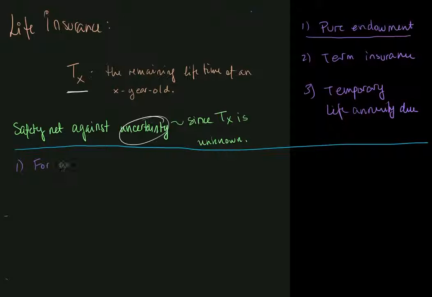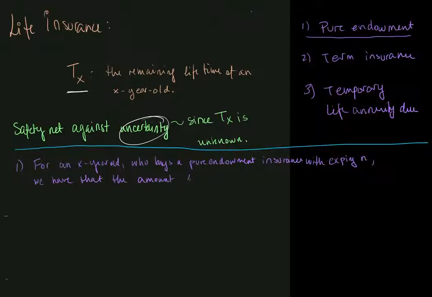For an X-year-old who buys a pure endowment insurance with expiry N, the amount 1 will be paid out at time N if she is alive at time N, and if not, no payout.